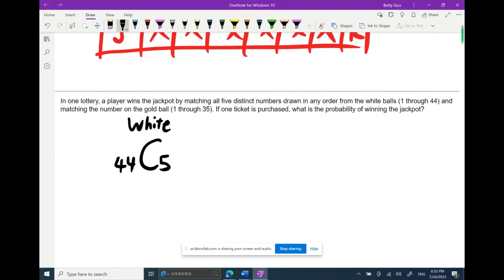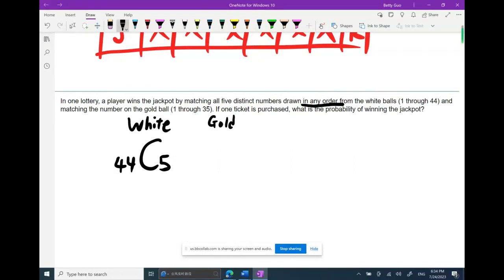By the way, since it says in any order, that means the order doesn't matter. It's a combination, not a permutation. That's the first step. Second step is to choose one number. So we have one gold ball, right? The gold ball could be labeled as any one from 1 through 35.